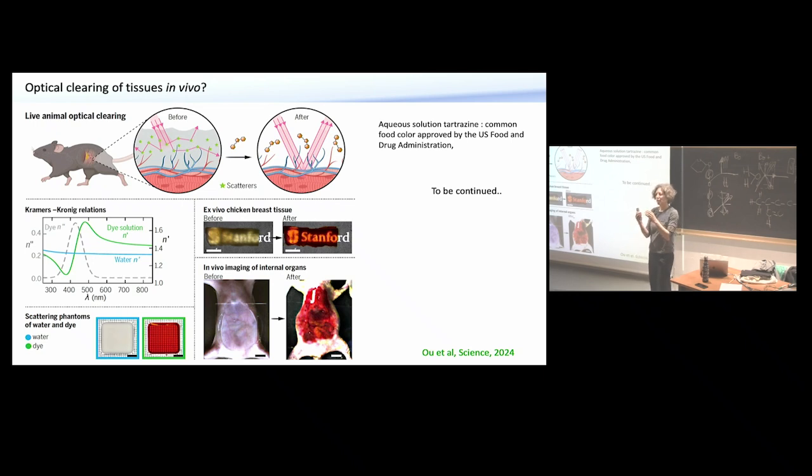And so then the solution has the same index of refraction as the lipid droplets. So there is no scattering anymore, because everything has the same index of refraction, more or less. And so by doing so, they managed to clear this mouse in vivo. And so here they are looking at imaging of internal organs, and it works pretty well. So this might be a huge change in the field of imaging. This is to be continued.